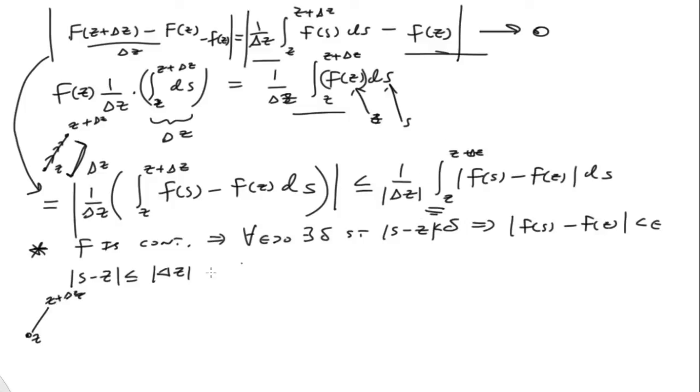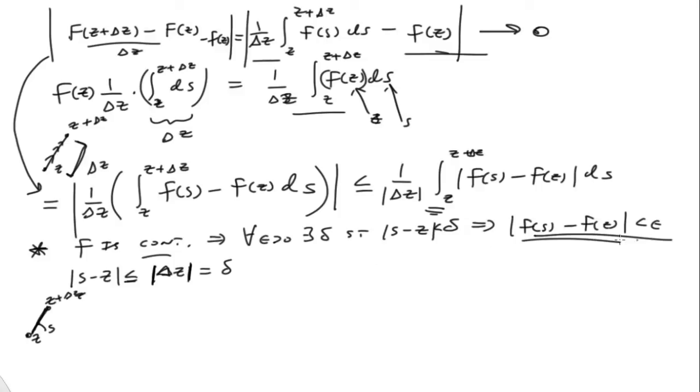S can range along this whole line, so its maximum modulus has to be smaller than the modulus of delta z. So we can take that to be our delta that guarantees this epsilon. I don't have to actually find it because I don't know what f is, but since f is continuous, we can always find it.